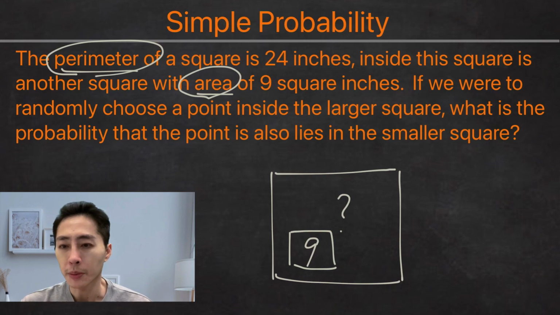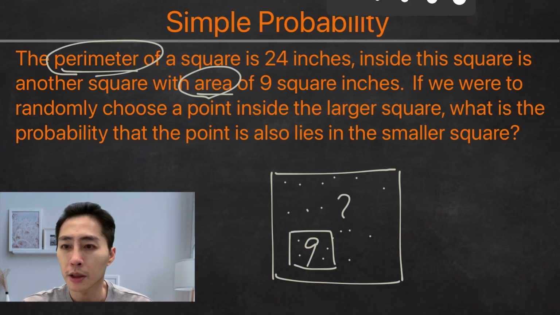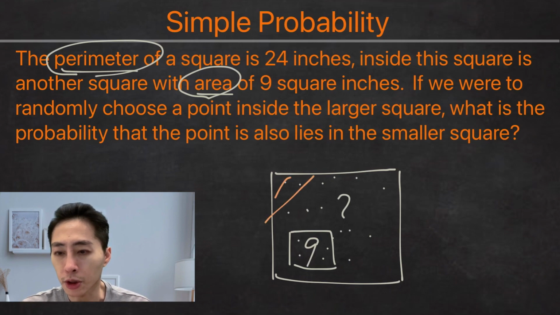For us to find out the probability of any point that we're gonna place inside of this square, it could be anywhere, we first need to know what the area of the larger square is.